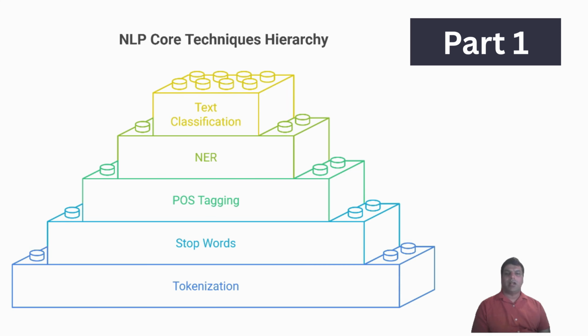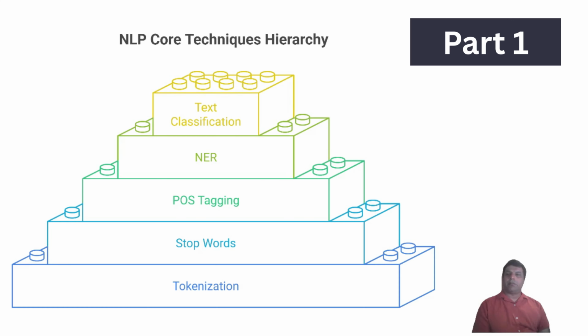These step by step techniques cover the fundamentals of the pre-processing steps in NLP applications. First we will discuss tokenization, how we split text into words or tokens. We will learn it in detail in the next few slides. Then we move to stop words removal, how we remove common words that don't carry much meaning.